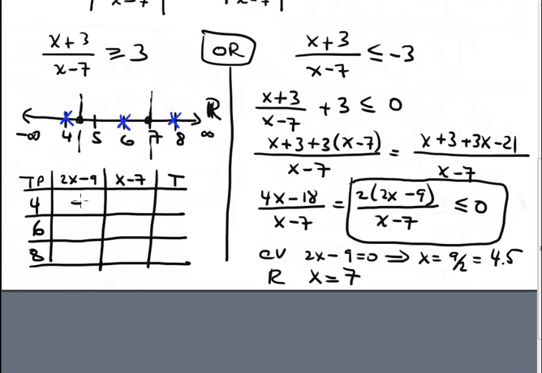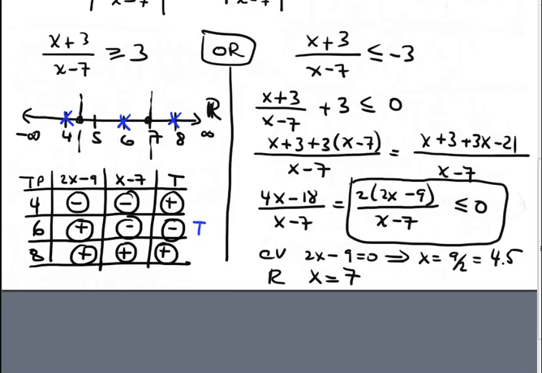The signs are minus, minus, plus; plus, minus, minus; plus, plus, plus. According to the signs, less than or equal to is true only here, when it's 6.